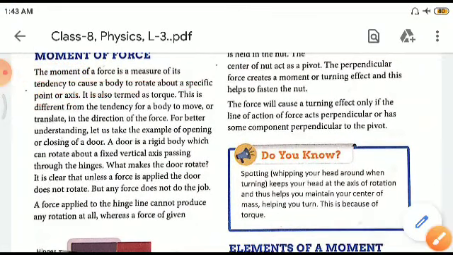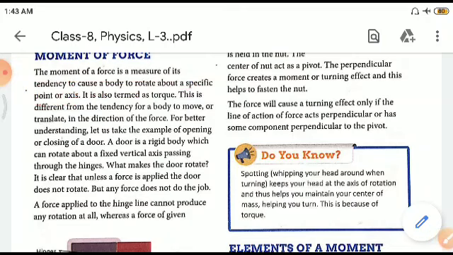This moment of force is also termed as torque. This is different from the tendency of a body to move or translate in the direction of the force. So for a force, you need push and pull, and there will be a complete displacement of the object.